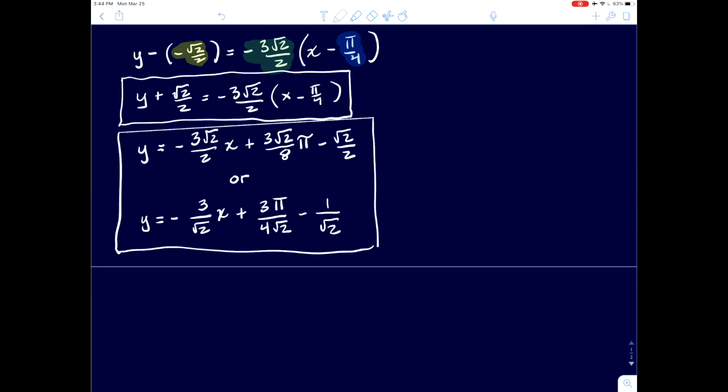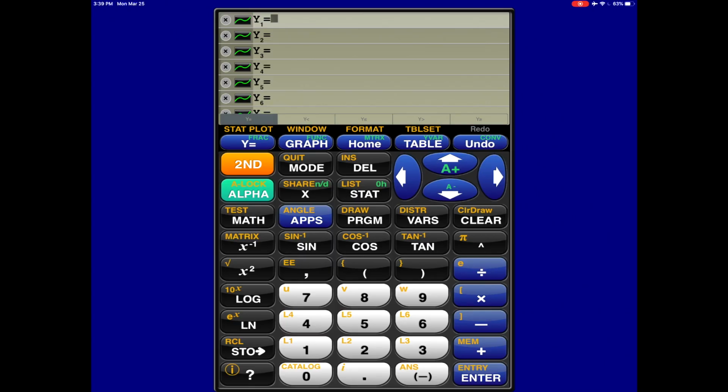Now on the graphing calculator, the way that you can do this is you graph your original function, and so we got y was cosine of 3x. Okay, so plugging in our tangent line that we got, I'm going to go ahead and do it the easiest way that I think it'll be to plug in. So y2 is going to equal negative, and then I think it'll be that last way.